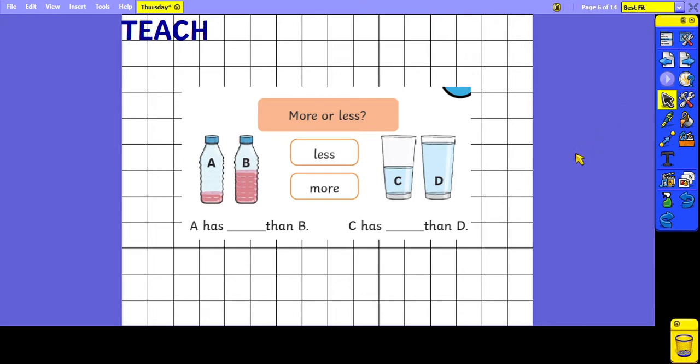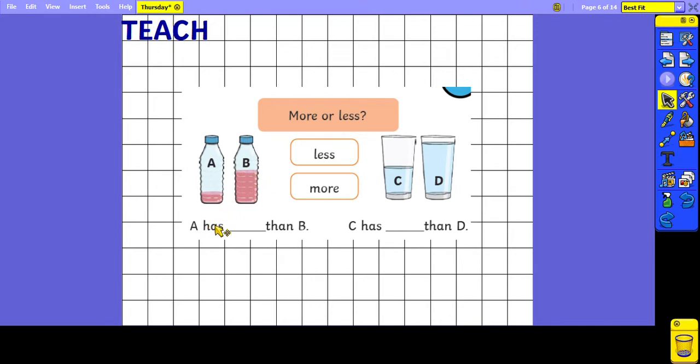So now we are looking at comparing different containers. So starting here with the bottles, we've got container A and container B. And we need to decide, does A have more or less than B inside? Well, if we have a look, A is only filled up to here, whereas B is filled up much higher.